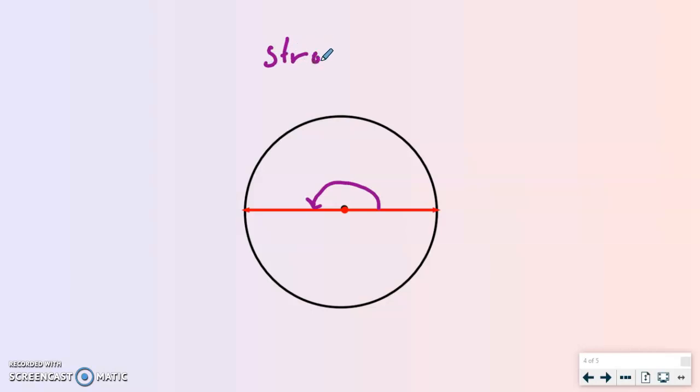It is technically also a line, but we call this a straight angle when we're talking about angles. And let's see if you can remember what a straight angle measures. Right, it's 180 degrees. All right, so let's see how this fits in with our circle pieces.